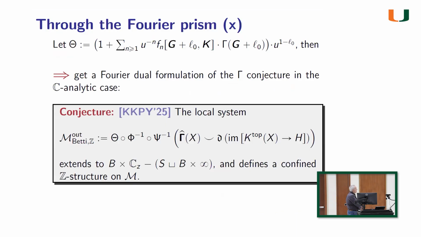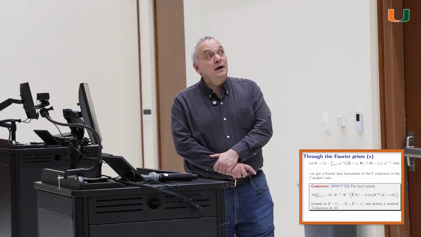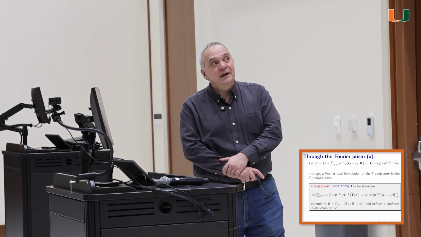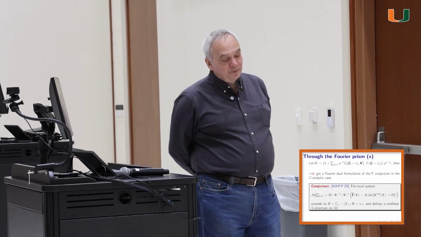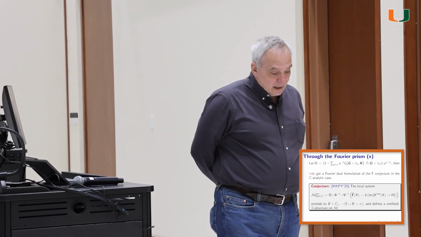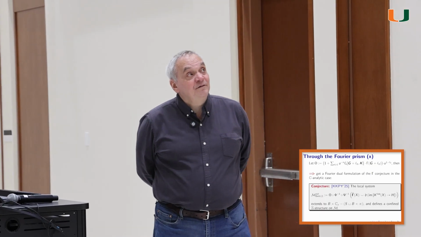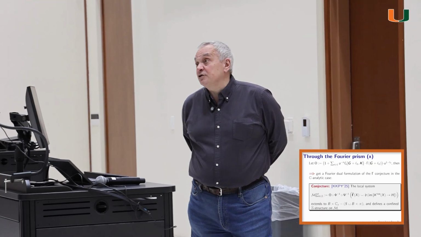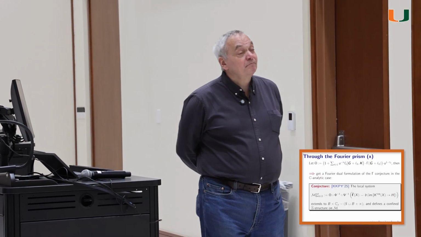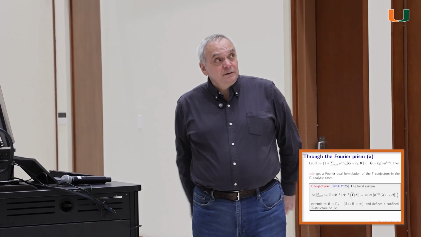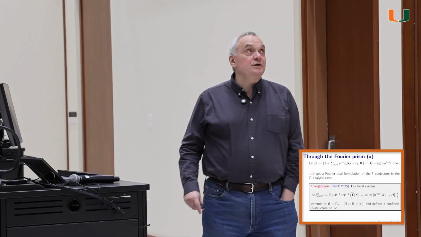So what it says is that if you take the lattice the way we defined it before, phi inverse, psi inverse acting on the gamma class corrected lattice, and you move it by theta, then that extends on the whole line, at least away from the spectral cover. And so in particular, it defines a structure on M. That was the extension condition.